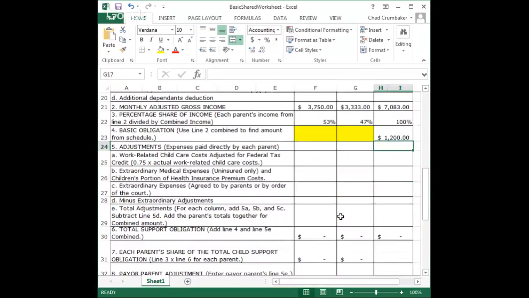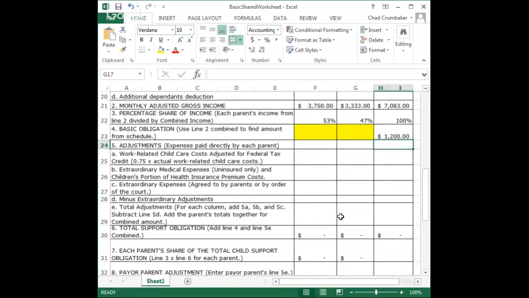Okay, now what is that basic obligation really telling us? Telling us the bare minimum amount of money that the child needs to live its normal life. Okay. 2 parents are responsible. So if it's 2 parents, that's how much money is involved, right?